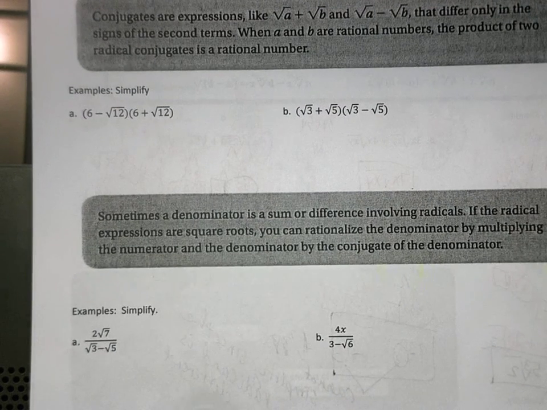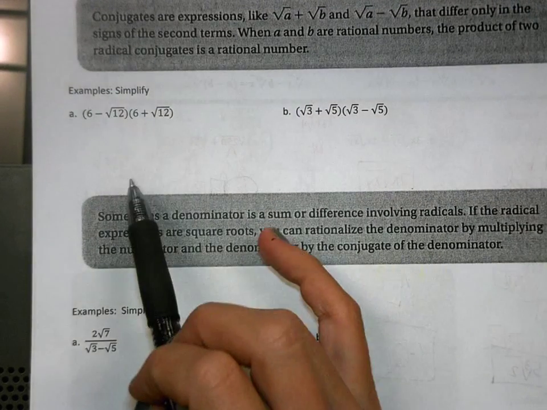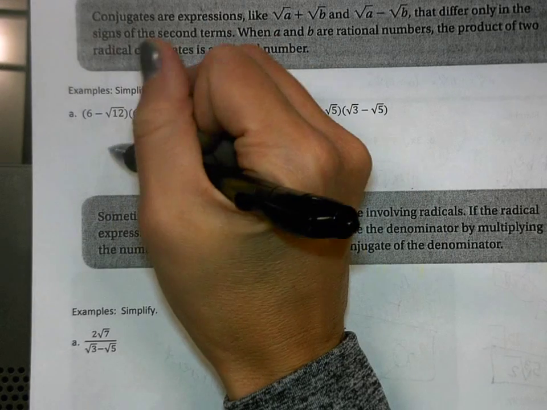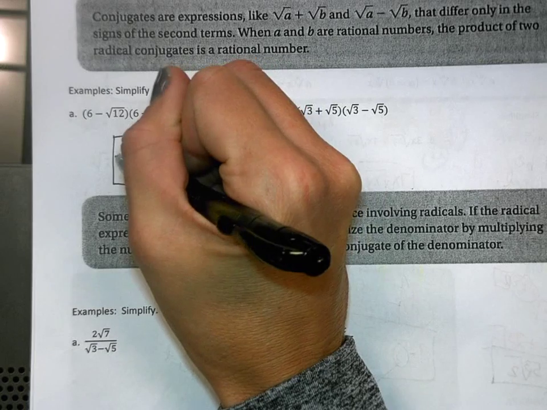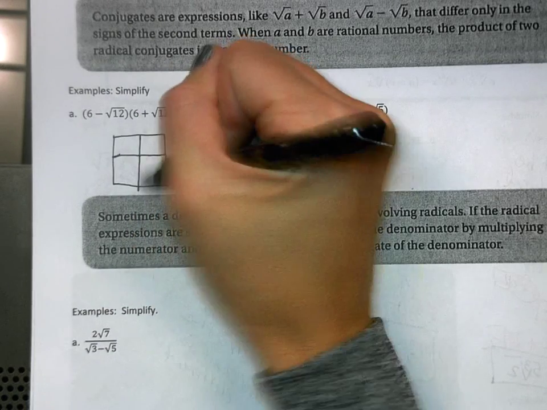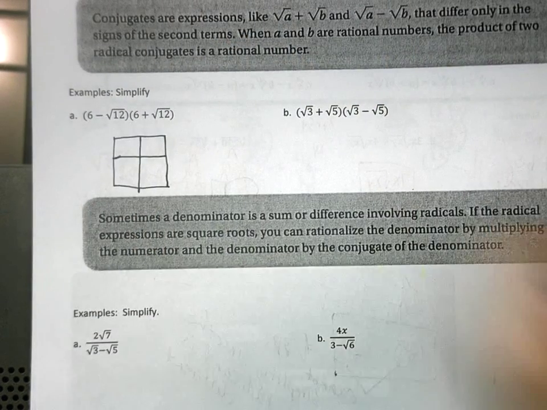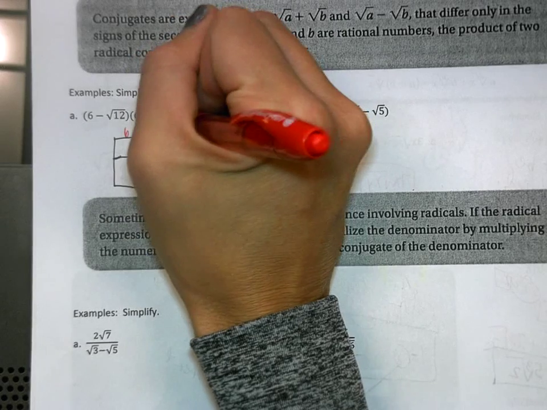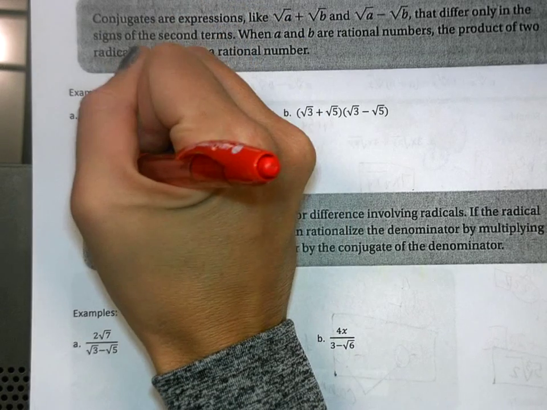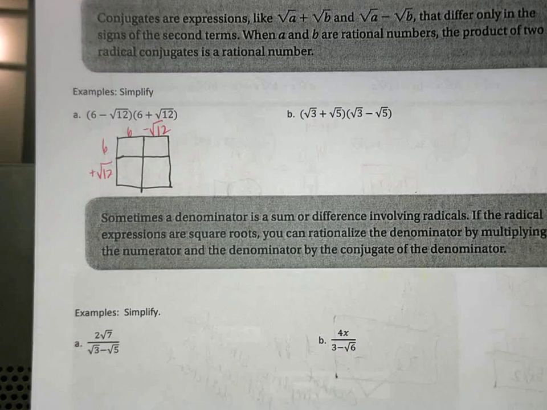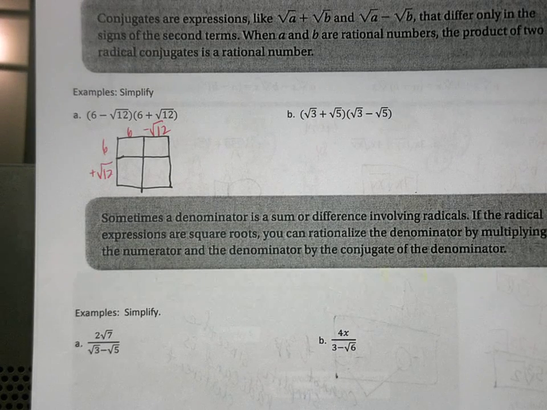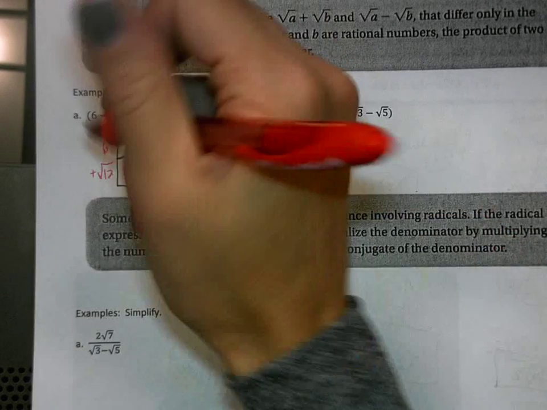Okay. So if we were to multiply these together, let's go ahead and do our box. But there is a shortcut that we can talk about. So when I write this down, I have 6 and negative root 12 and 6 and a positive root 12. Again, notice that the only thing that differs between those two is the plus and the minus. When we multiply 6 times 6, what does that make? 36.